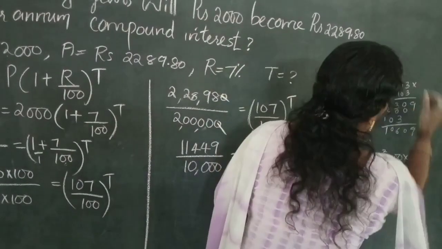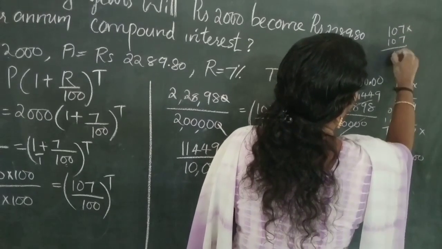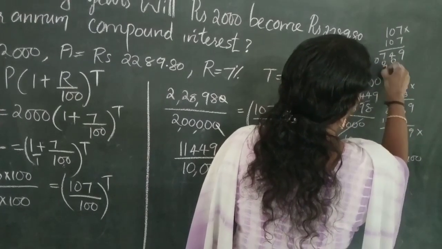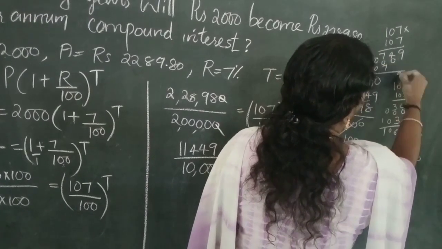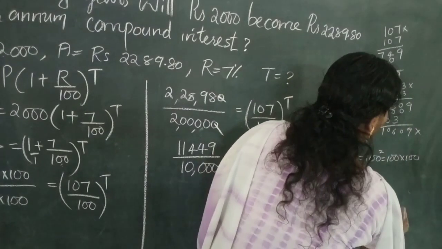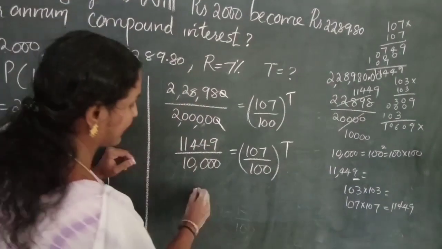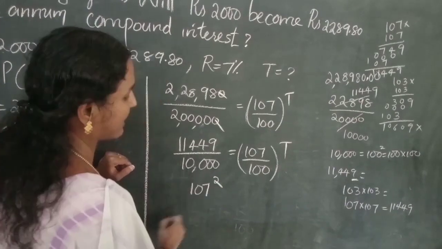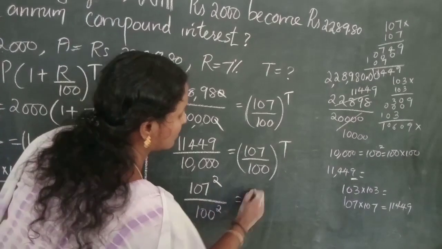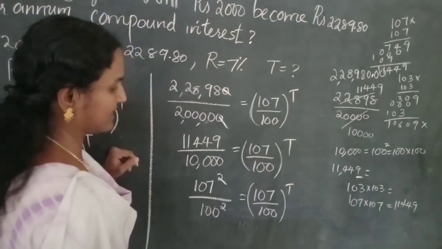Then 107 into 107: 7 7s are 49, then 4 7 0 0 0, then 7 0 1, adding gives 11,449. So 11,449 can be written as 107 square, divided by 10,000 which is 100 square, is equal to (107 by 100) the whole raised to t.